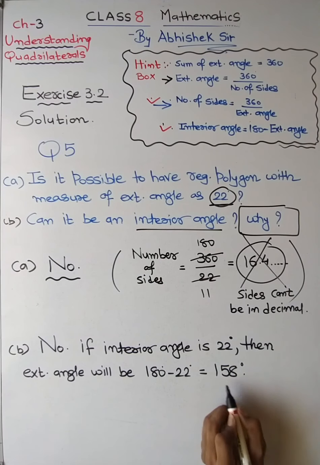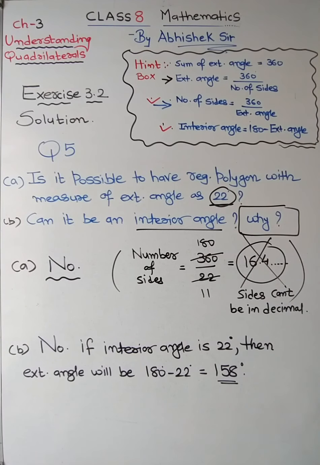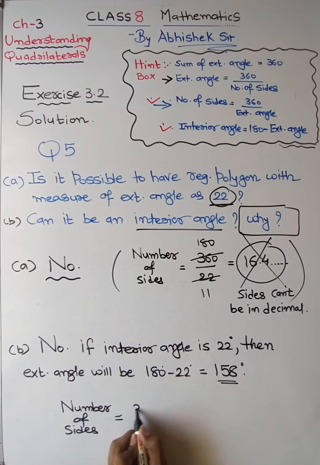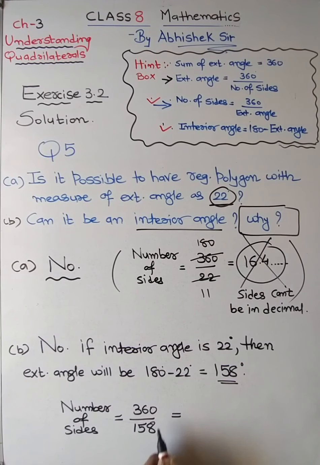So if it is true, then what will be the number of sides? Again, if you want to find the number of sides of that polygon, that will be 360 upon 158, right? And we all know that 158 will not divide 360 at all.